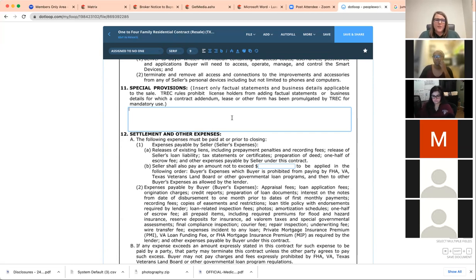If your client wants a certain language in here, they can type it and you can translate it into this section. There are ways to write in here, so don't be insanely scared to never put anything, because I will at times tell you to put something there, but you can't just loosely write statements in special provisions because it could be considered practicing law.